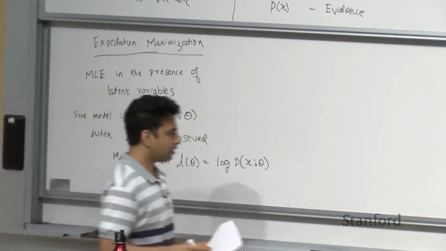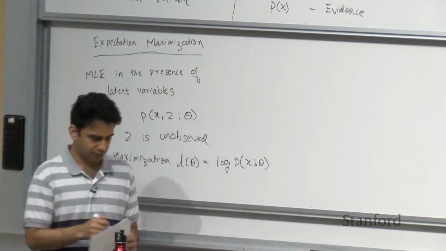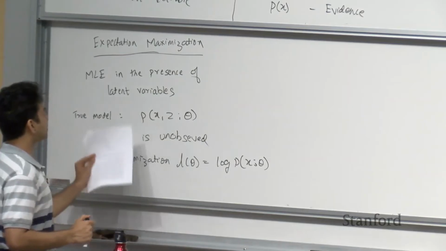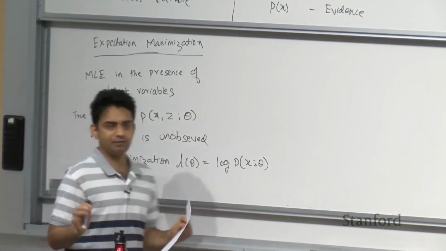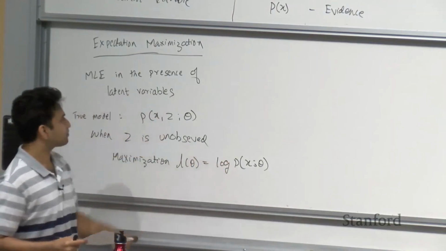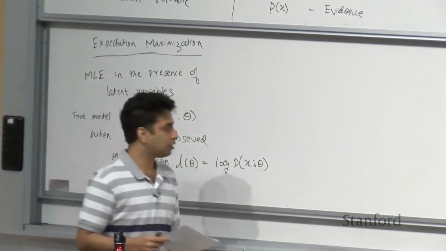Before we go into the EM algorithm, it can be useful to have some context. The EM algorithm was discovered sometime in the early 1970s, when people were trying to perform MLE in the presence of unobserved data.